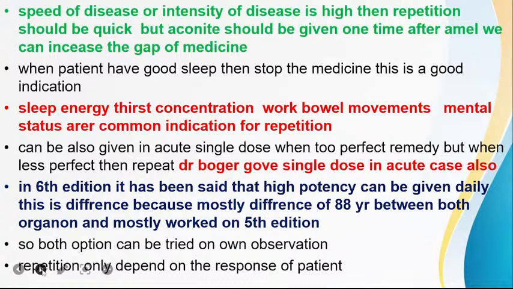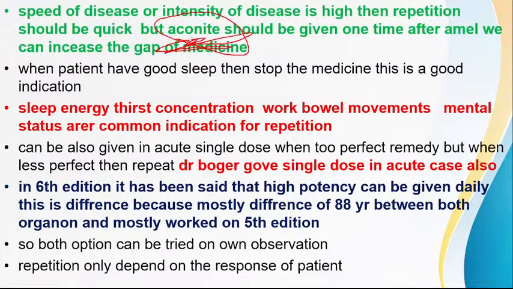The action of aconite is so severe and fast that a single dose is sufficient to cure the disease and ameliorate that condition. So if you are talking particularly about aconite in acute psychological cases, then there is no need of repetition. This is basically an exception.